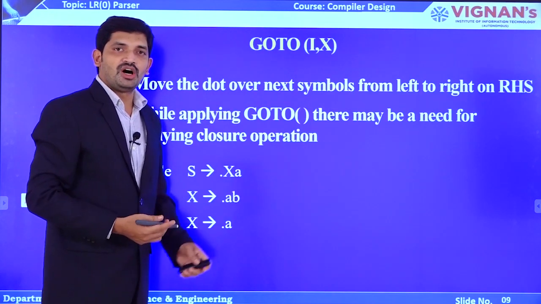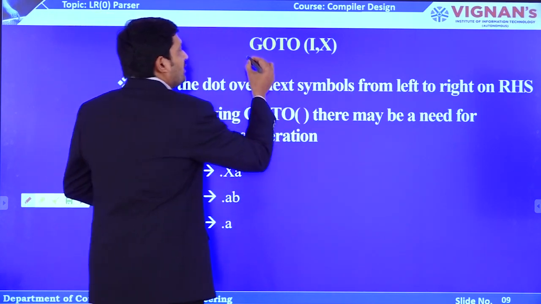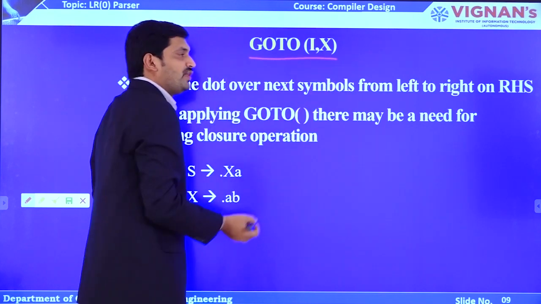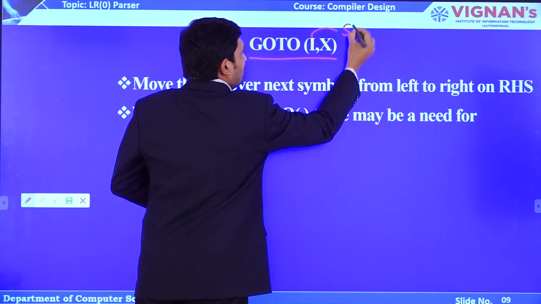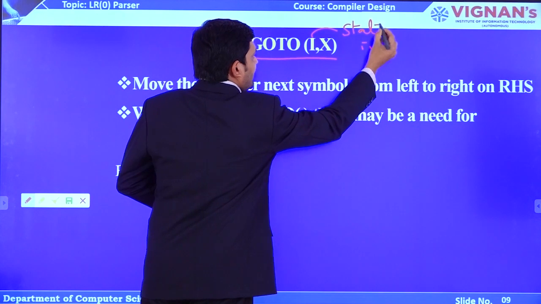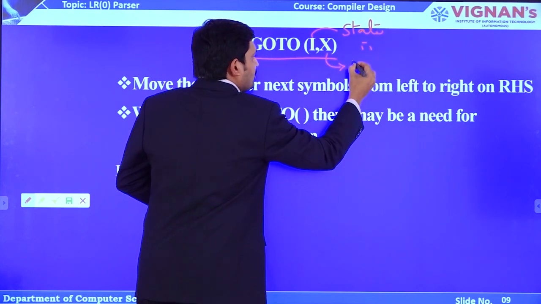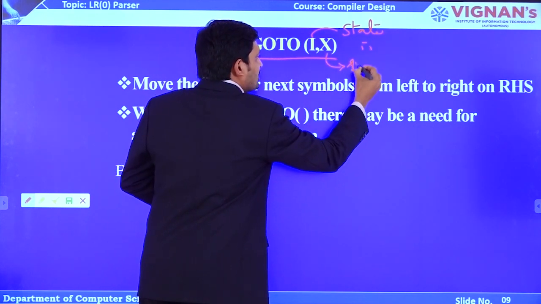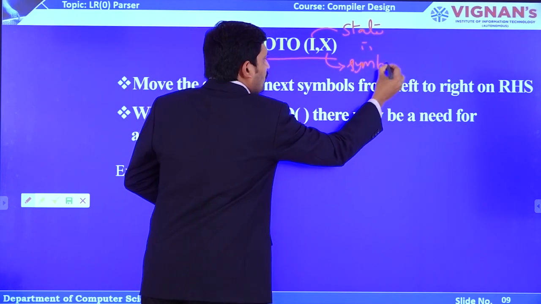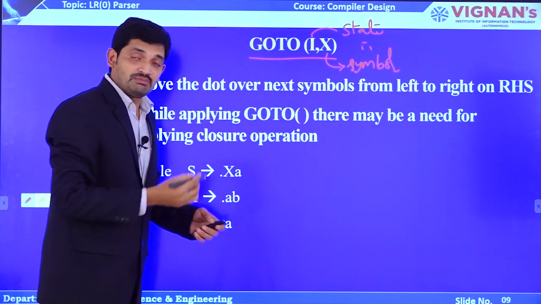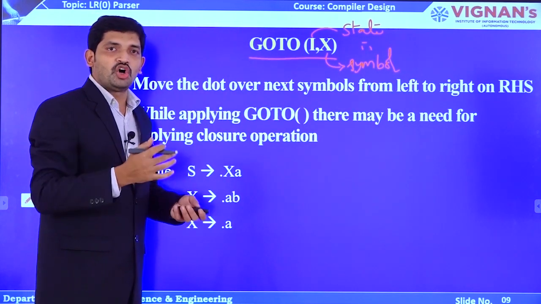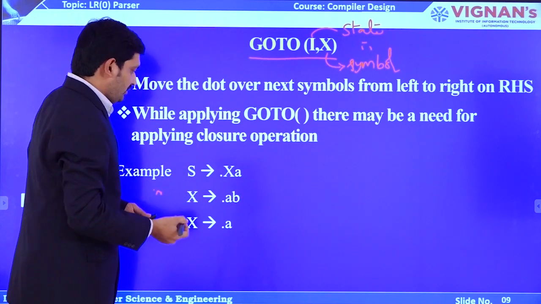Coming to the goto operation. It is indicated as goto(I, X), where I is the state number and X is the symbol on which I am going to perform the goto operation. The symbol may be a non-terminal or a terminal.